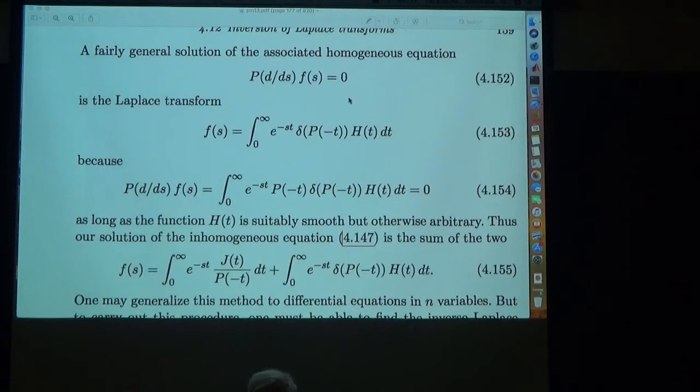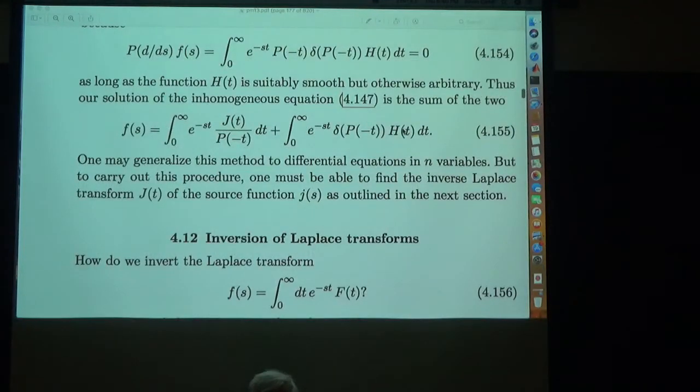Anyway, so basically we want a homogeneous solution of this. So what we do is we just pick our nodes and pick out an arbitrary, reasonably well-behaved function h of t. We multiply it by delta of p minus t. We integrate, and we write our overall function this way. So this is really a suitably general function.